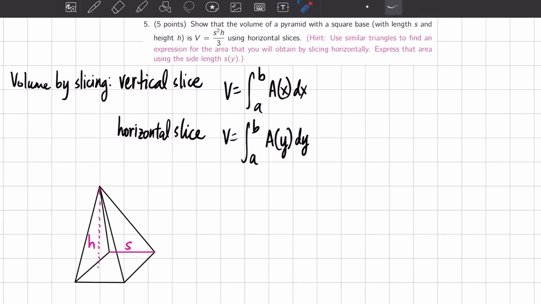When we slice this horizontally, for example here, what we expect to see is a square as well, right? So let's start first. If your h equals 0, then we are talking about the base, with side s.